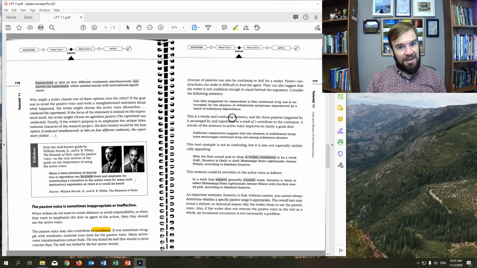This is a wordy and confusing sentence, and the 3 passives, suggested by, is encouraged by, and experienced as a result of, contribute to the confusion. A rewrite of the sentence to the active voice improves its clarity a great deal. Addiction researchers suggest that the absence of withdrawal symptoms encourages continued drug use among drug abusers.